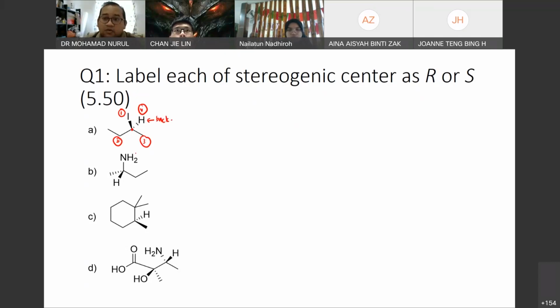So in this case, it's already arranged for you. So it becomes counterclockwise. Why? So it becomes 1, 2, 3. It becomes like this. It's the S configuration.